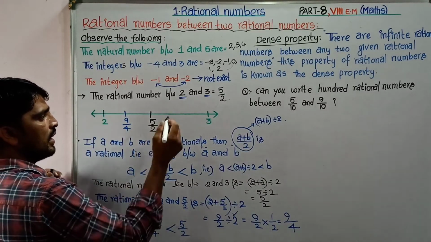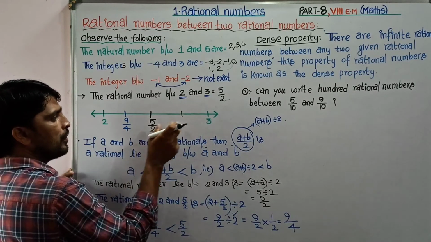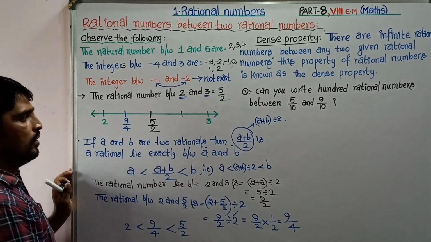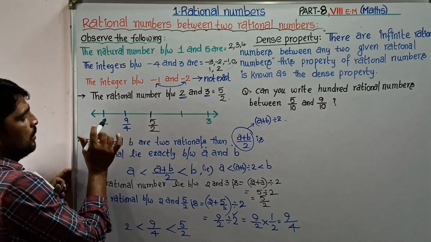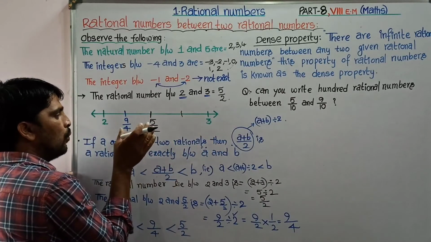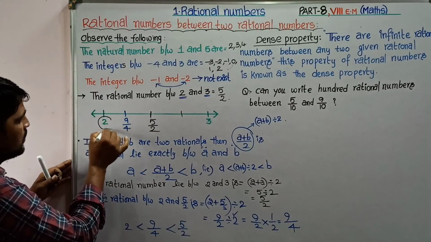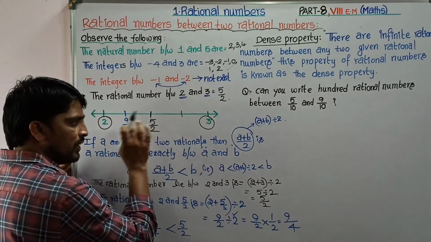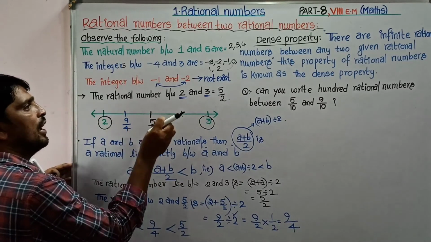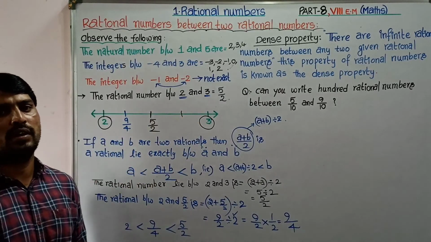Similarly, we can insert another rational number between 5 by 2 and 3. So between 2 and 3, we can insert infinitely many rational numbers.